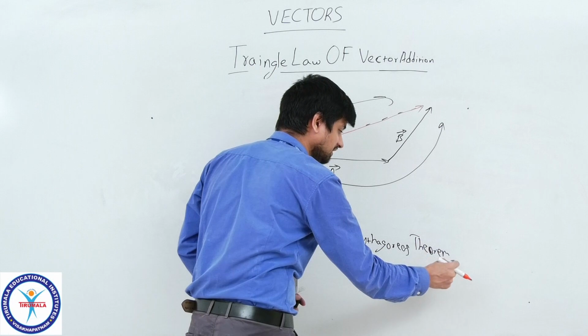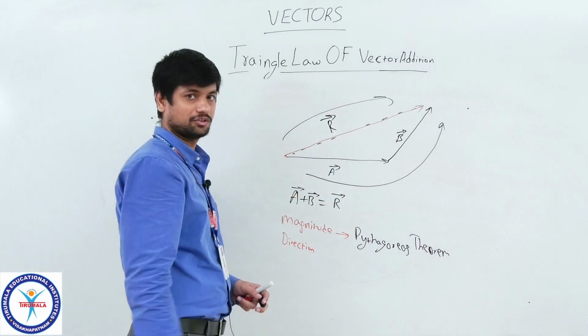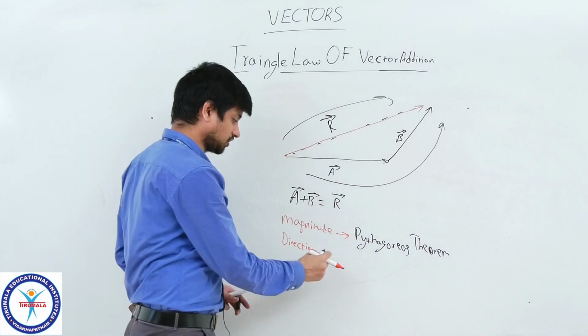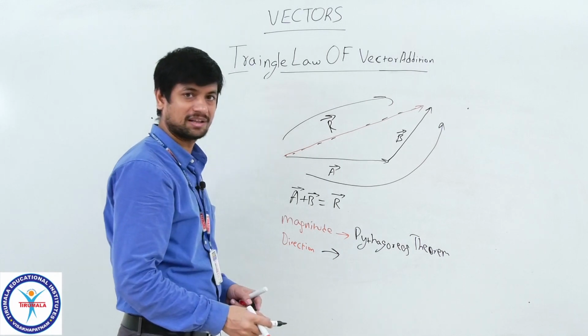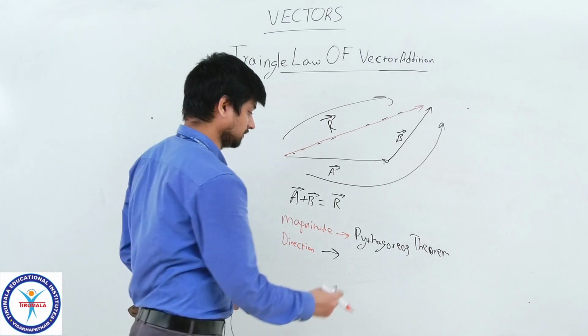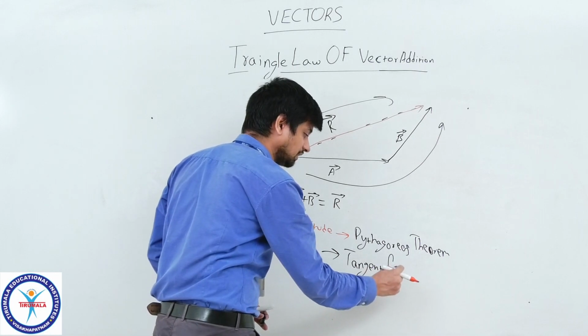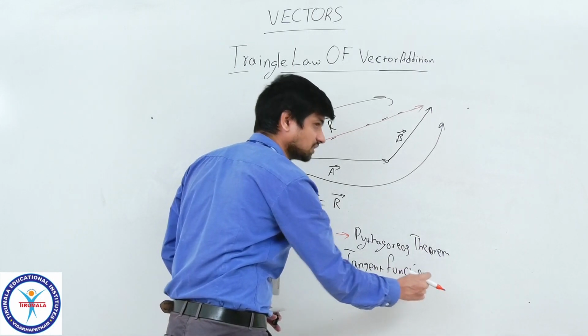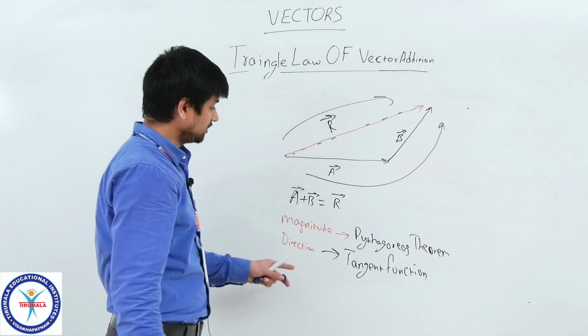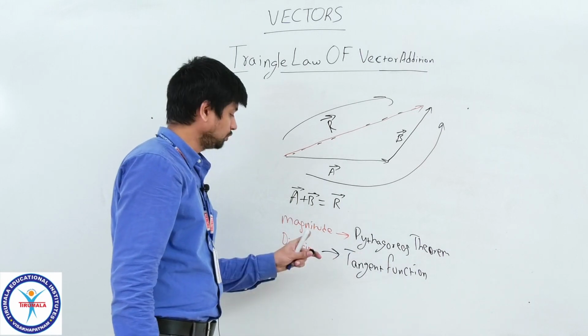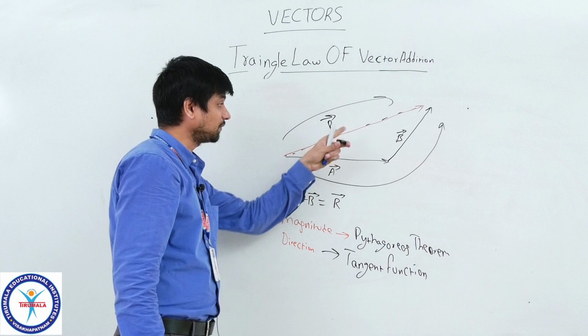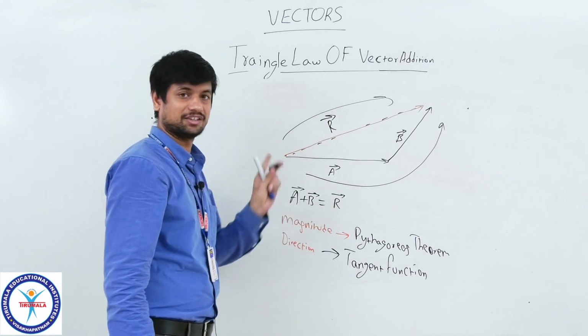By applying this, we can calculate its magnitude. And for the direction, what should I apply, children? The tangent function. So, if you know these two, you can calculate the resultant vector's magnitude and direction.